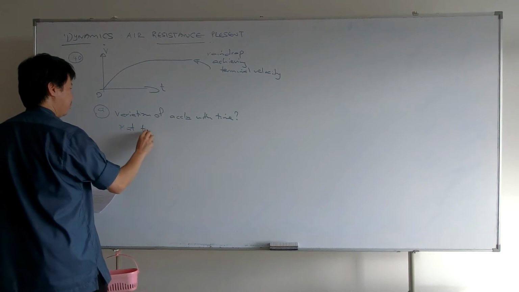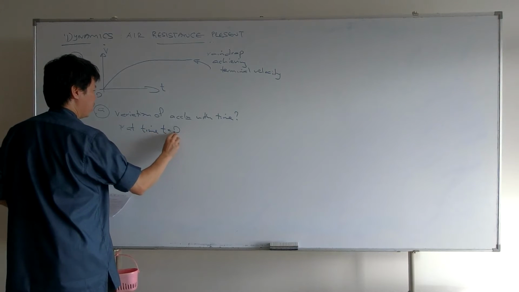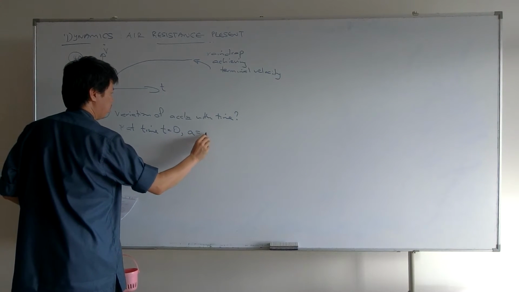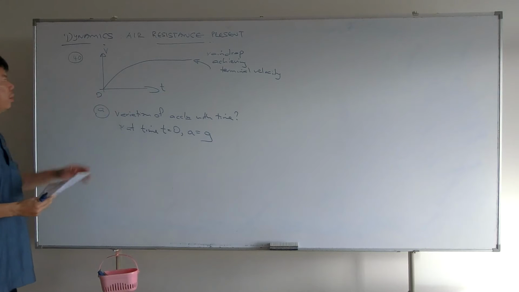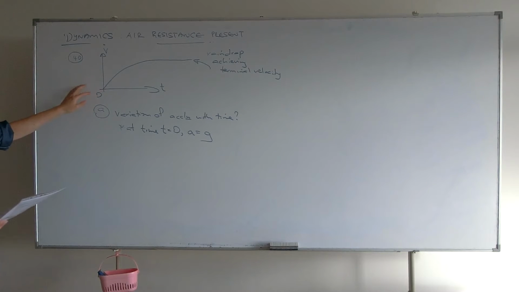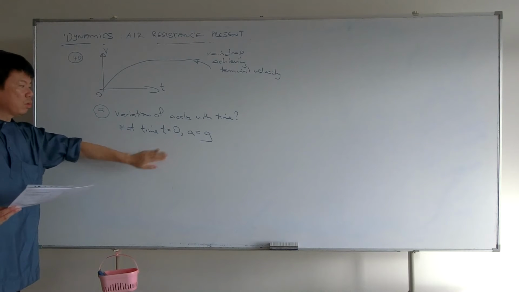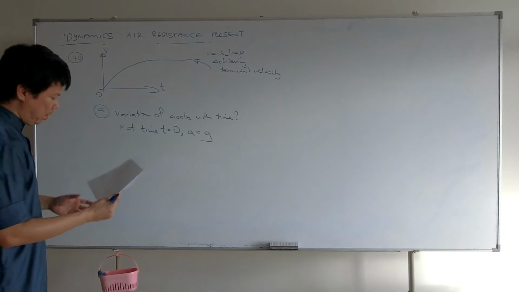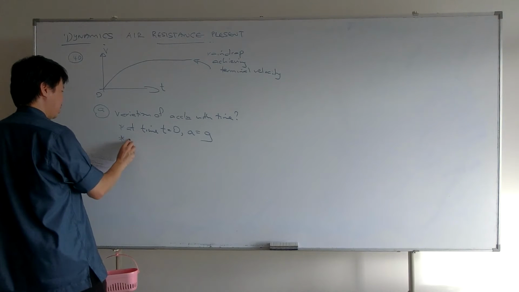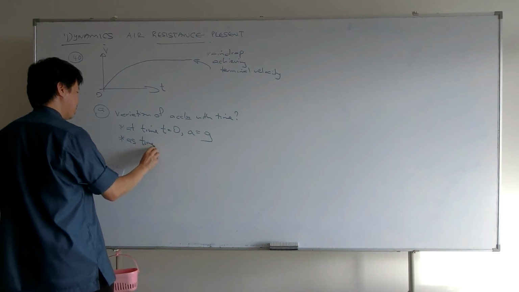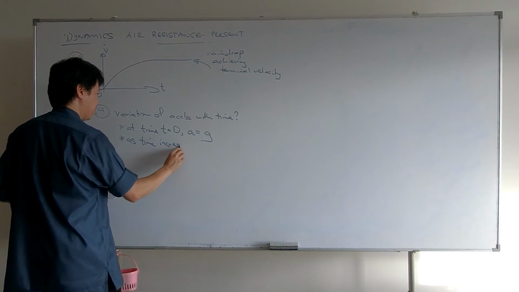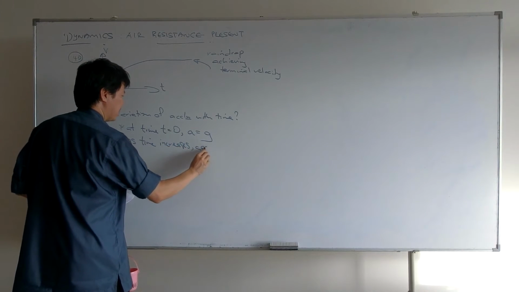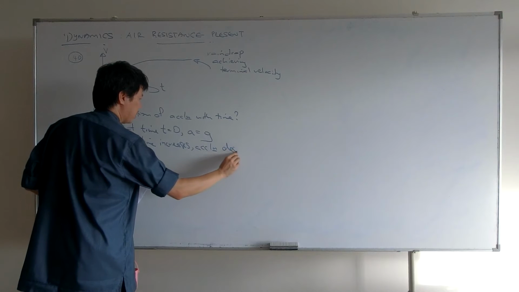At time t equals 0, a is equal to g. In the beginning there is no air resistance, therefore your acceleration is still the same, it doesn't begin to decrease yet. Then you mention as time increases, acceleration decreases.